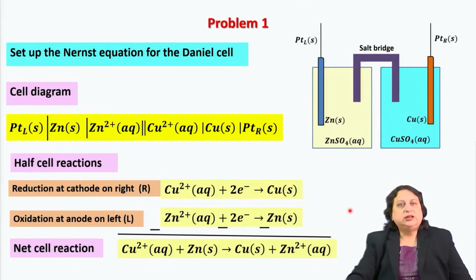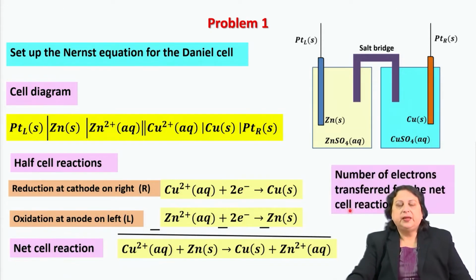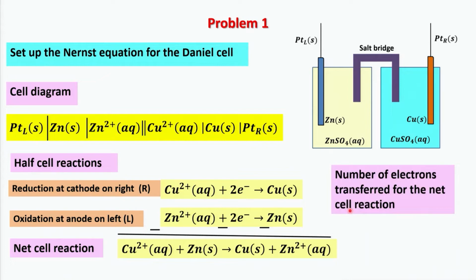So, now that I know the net cell reaction, I also note another important piece of information that I get by writing out the half cell reactions and the net cell reaction. So, when the reduction is happening at the cathode, the copper 2 plus ions are accepting 2 electrons from the electrode over here and depositing solid copper.